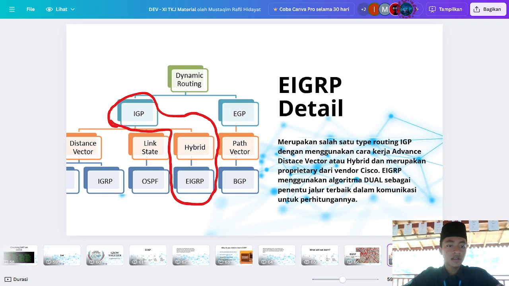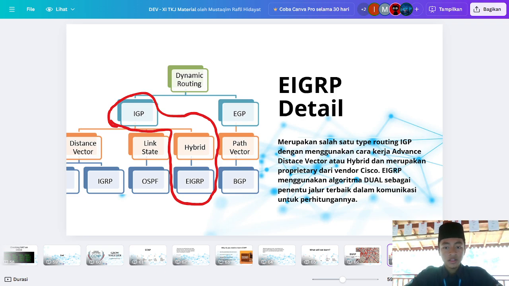EIGRP is inside of the IGP, or Interior Gateway Protocol, and the algorithm that EIGRP uses is DUAL. If you want to search more, DUAL means calculating between two main factors. The first one is bandwidth, the second one is delay.